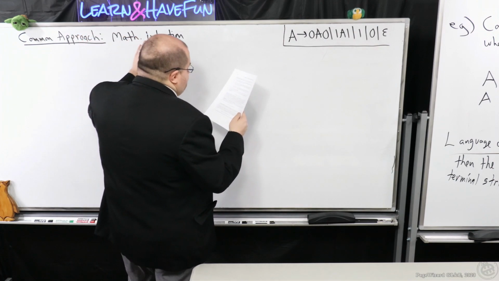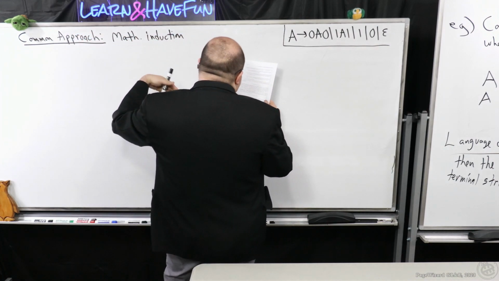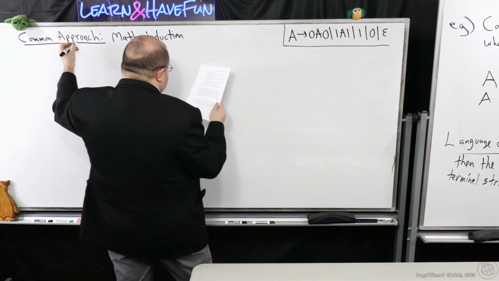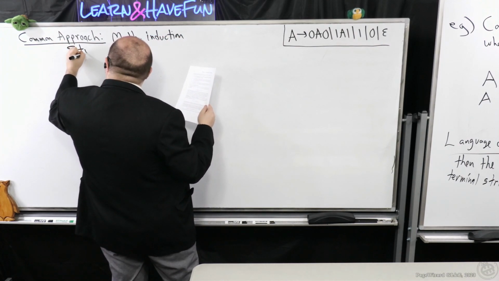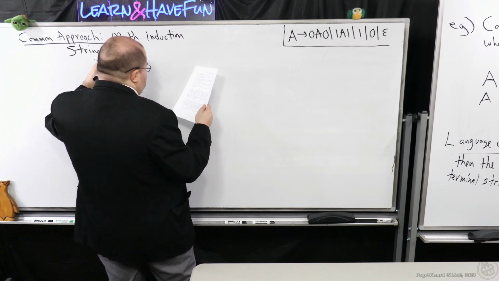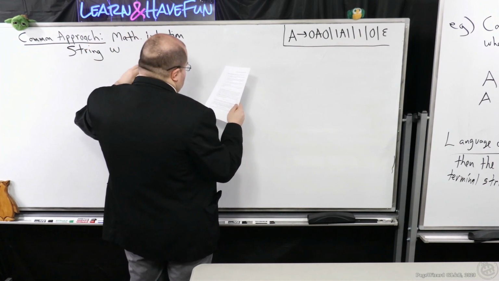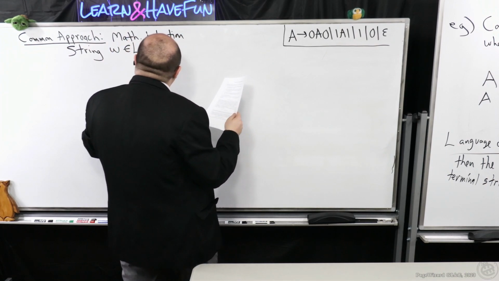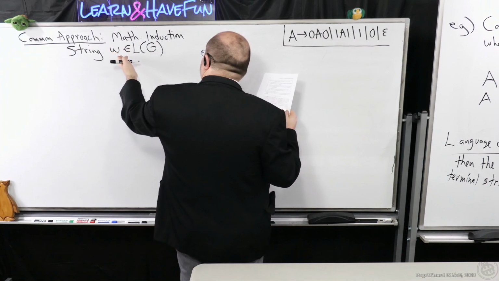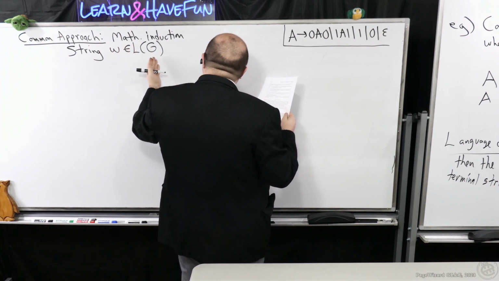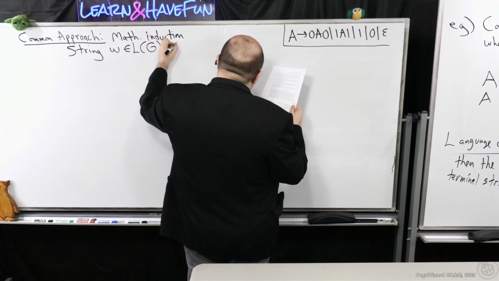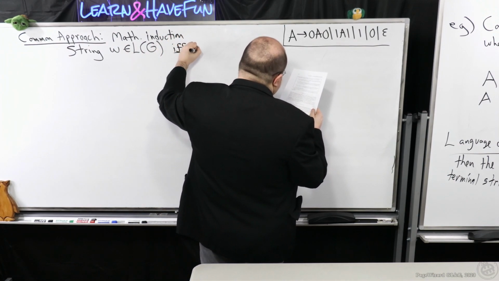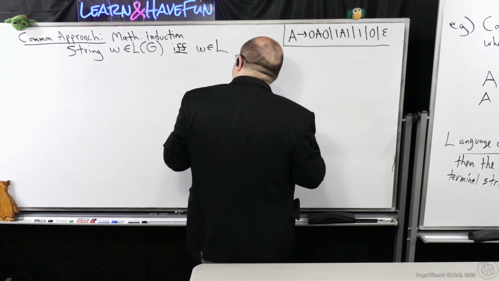Very often mathematical induction is used, and your goal when we try to do this is, just like we've seen before when we try to prove the correctness of our models, to show that if I give you a string w, it's in the language of that context-free grammar if and only if w is in the language that I'm interested in.